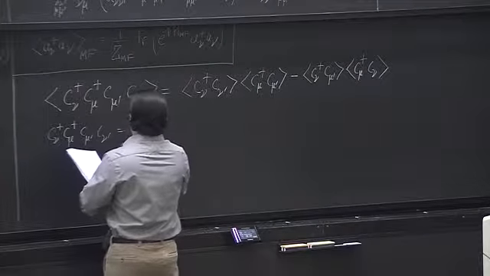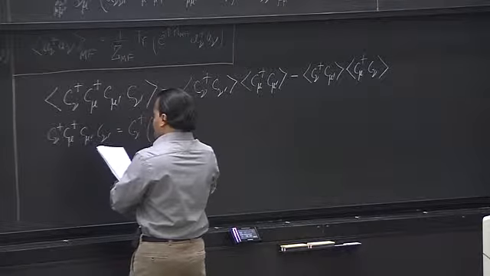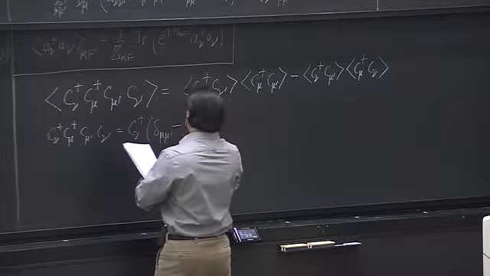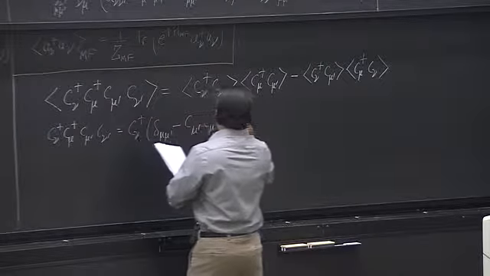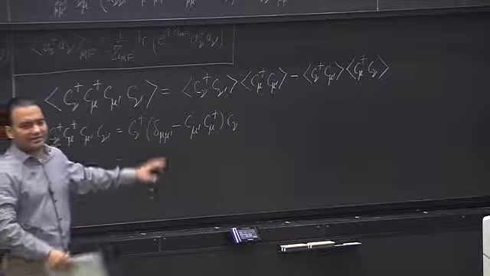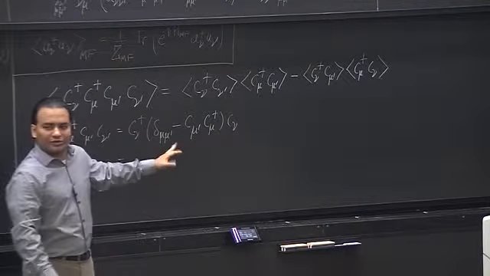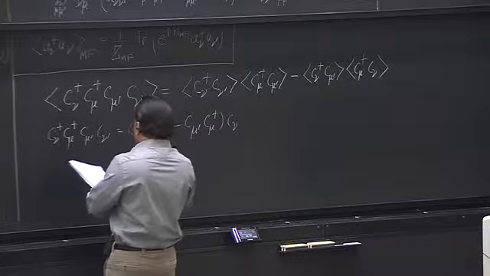So you can write C nu dagger as delta mu mu prime minus C mu prime C mu dagger C nu. I'm not going through the algebra, it's pretty straightforward. Just do anti-commutators. I'll just write down the final expression.